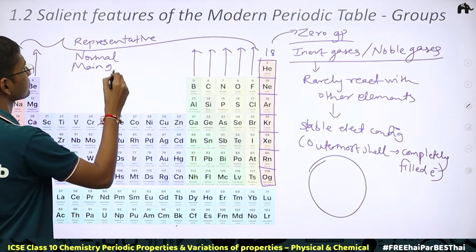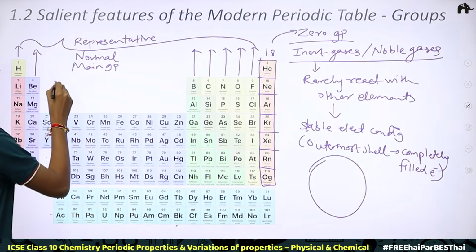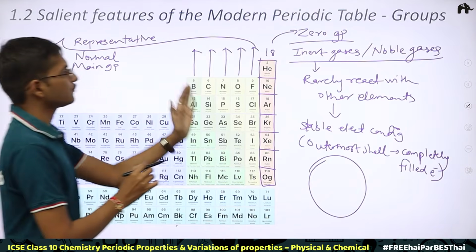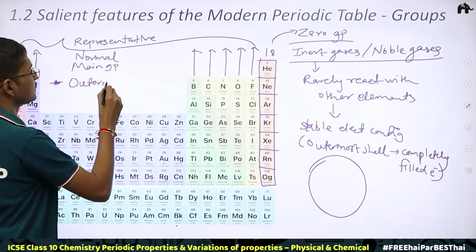Now their interesting characteristic is that all the elements of these groups, group 1, 2, 13, 14, 15, 16, 17, have their outermost shells incomplete.